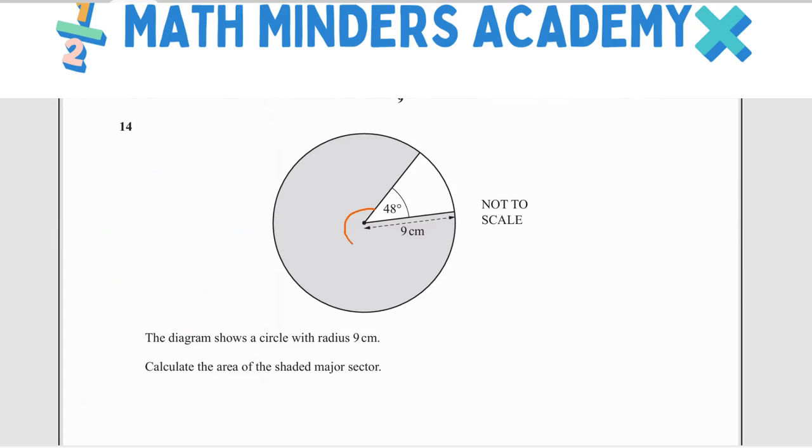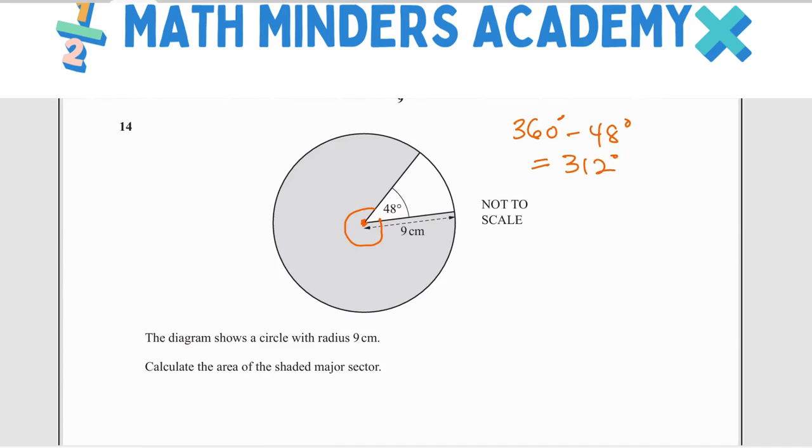And that angle is going to be 360 degrees minus 48 degrees. 360 because the angle at a point is 360. So this is a point here, so the angle round about this point is 360 degrees. So if we remove the angle of this unshaded sector, which is 48, we are going to get 312.